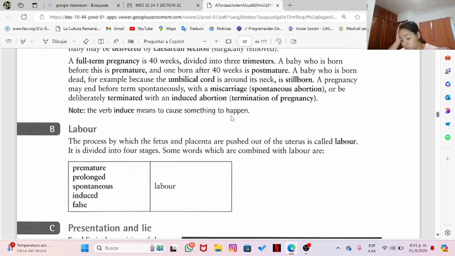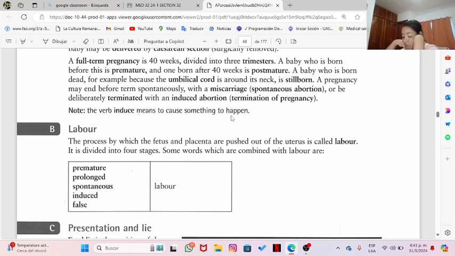A full-term pregnancy is 40 weeks divided into 3 trimesters. A baby who is born before this is premature, and one born after 40 weeks is postmature. A baby who is born dead, for example, because the umbilical cord is around its neck, is stillborn.